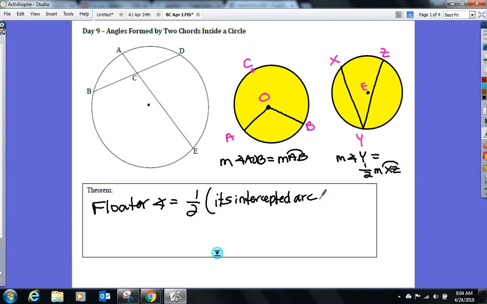The arc that the floater angle creates. That's what I always mean by intercepted arc. The arc that the angle makes. Plus its vertical angle's intercepted arc. So you're going to take its arc plus its vertical angle's arc, multiply by 1/2 or divide by 2, whatever floats your boat.